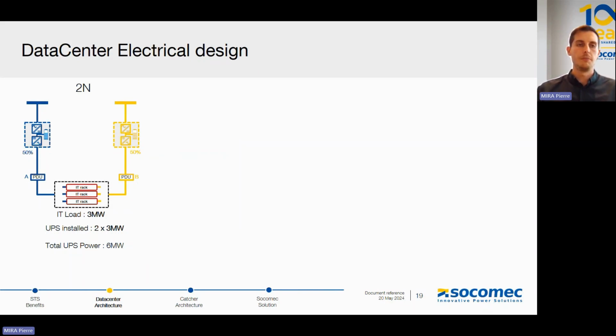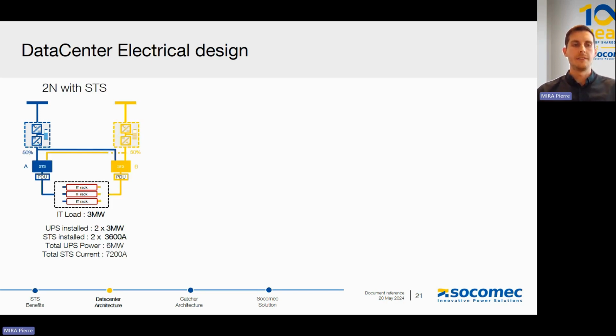What's happening, as we explained earlier, is if we lose one UPS, we lose the PDUs connected to this UPS, and the servers are getting alarms, customers are getting alarms from the servers. In order to increase the resiliency of this architecture, we can add a static transfer switch. At this moment, the static transfer switch will provide redundancy closer to the load.